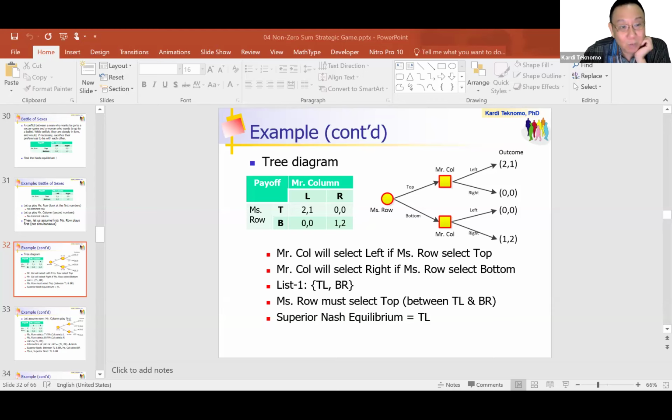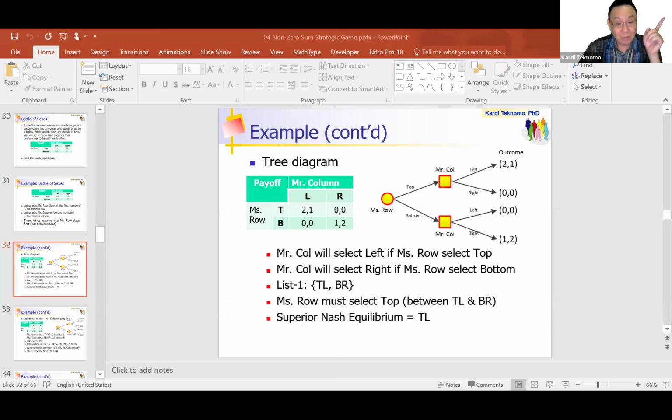Next, what if Miss Row plays bottom? What will Mr. Column do? Comparing between 0 and 2, of course 2 is bigger than 0. So Mr. Column will play right. If Miss Row plays bottom, Mr. Column will play right, so in this case, bottom right. These are the lists. Because we set Miss Row fixed, this is list 1.